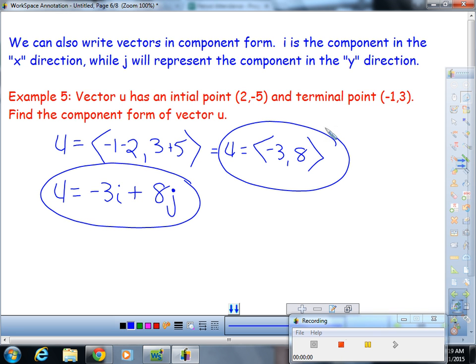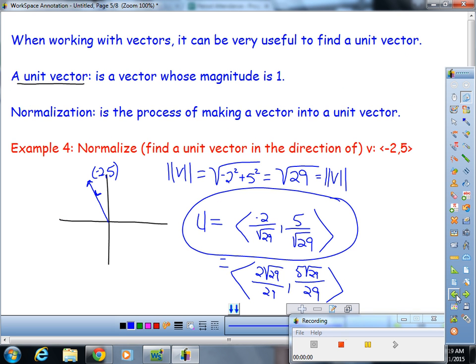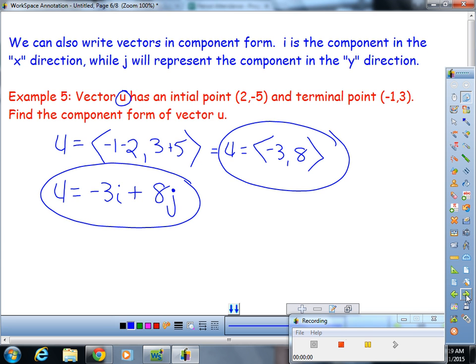Here's what gets a little confusing from our book. They use u to describe any vector, like v, w, but they also use u, if you remember from the last screen, to name a unit vector, which is what we did right here. So that's confusing. Notation can be confusing, and I just wanted to point that out.